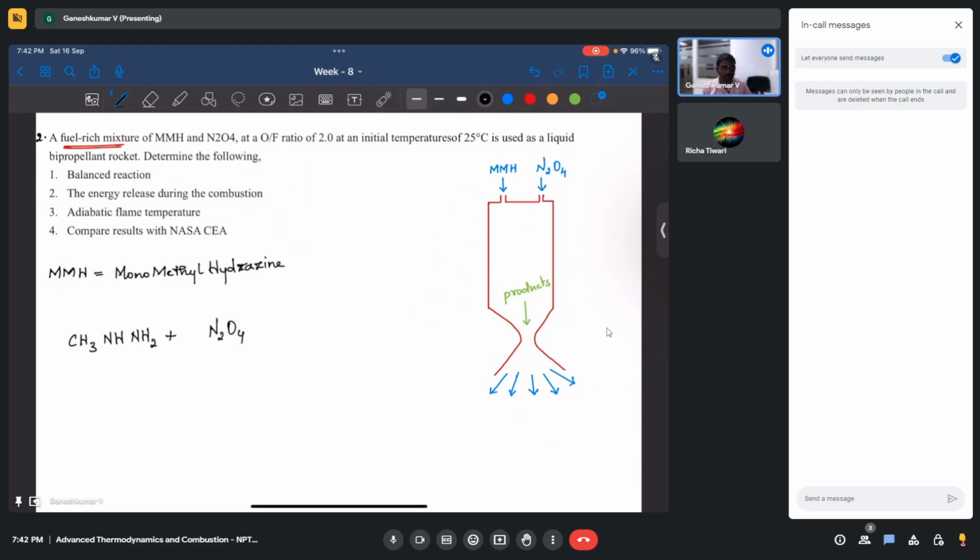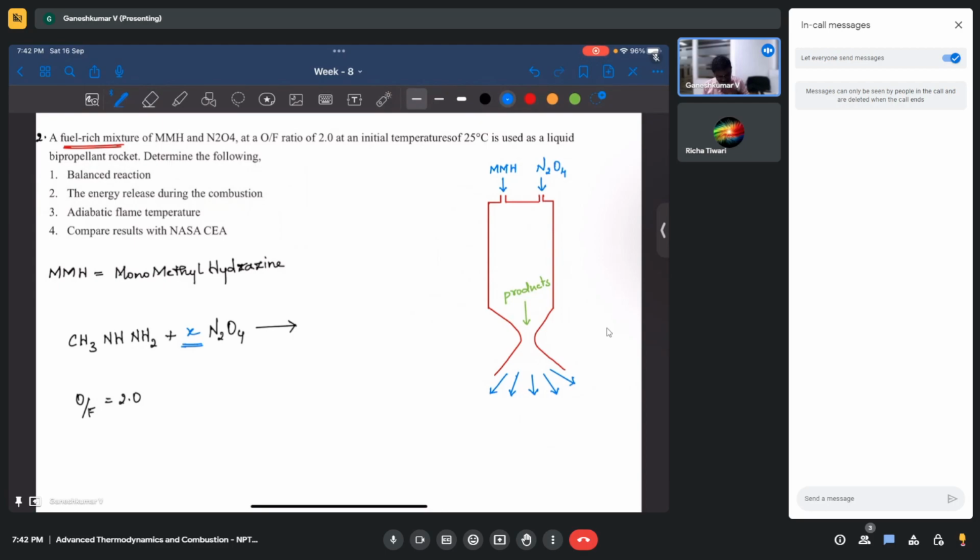We don't know how many moles are present. We also know the oxidizer to fuel ratio, which is going to be 2. Based on that, you can find the moles, right?